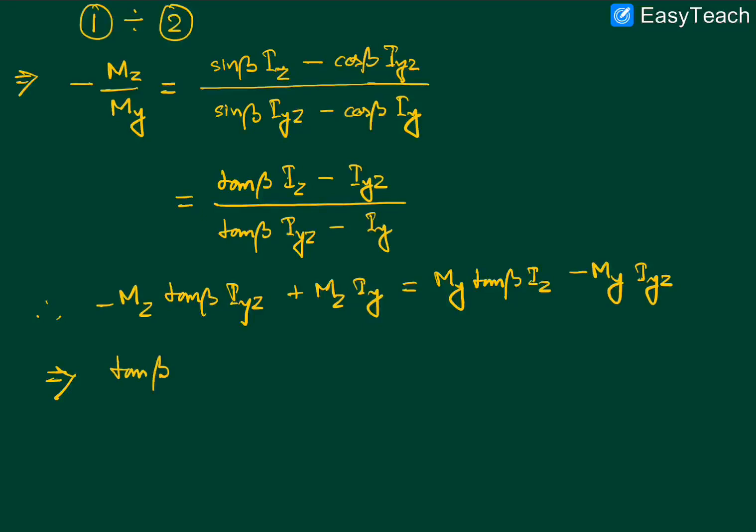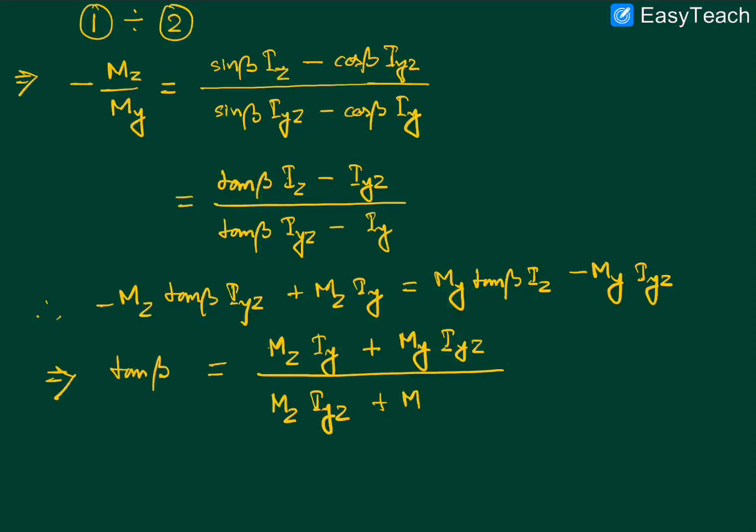So we can quickly write that tan beta will be equal to Mz Iy plus My Iyz divided by, let's see, Mz Iyz, and this term on the right hand side My Iz, right, My Iz. That's it.